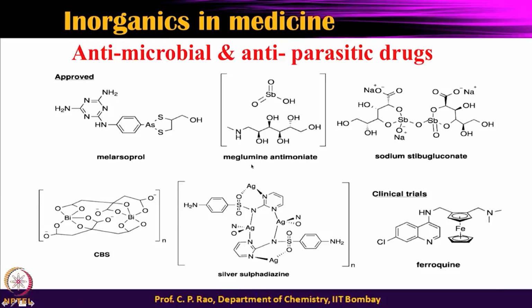So, this is meglumine antimonate. This is the antimonic part, and this is the other organic part which is bound together and will form a drug, a complex for the drug.